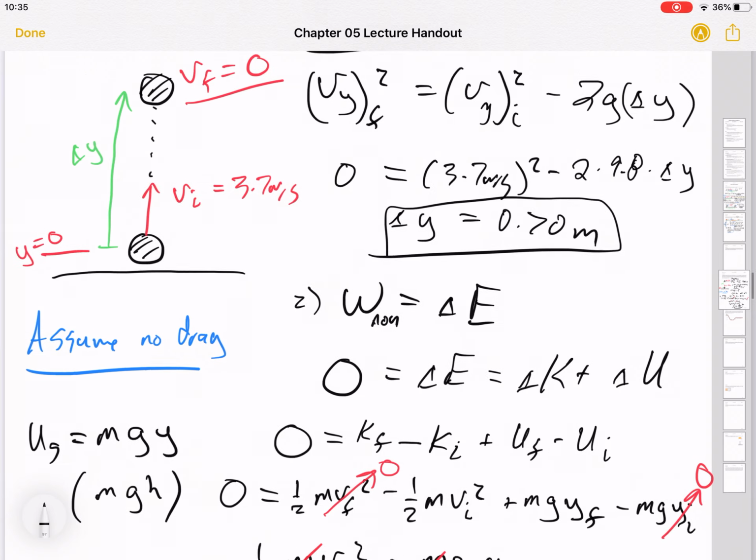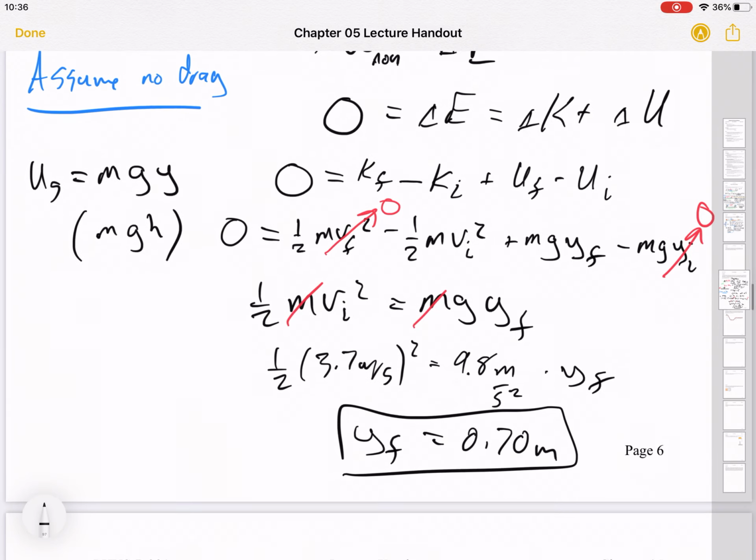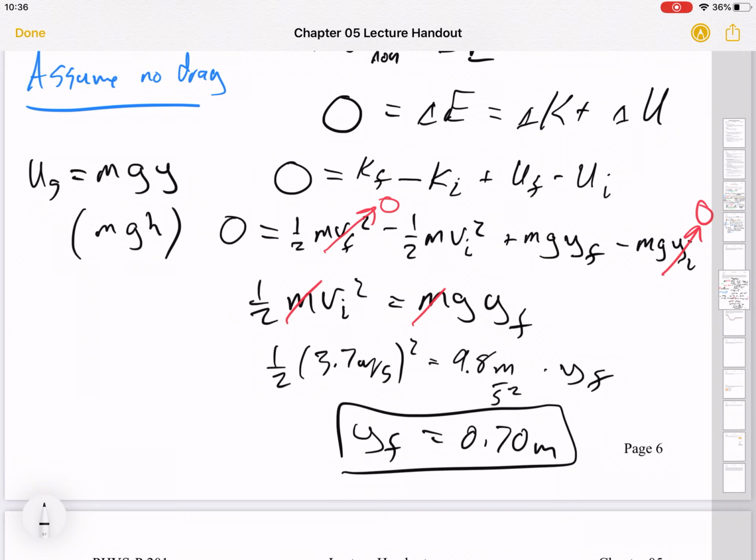Good, right? Was one of these approaches more right than the other? Absolutely not. If you solve our original expression, plug in vy equals 0 and solve for y final, you get the same algebraic expression. This is just two approaches to the same problem.